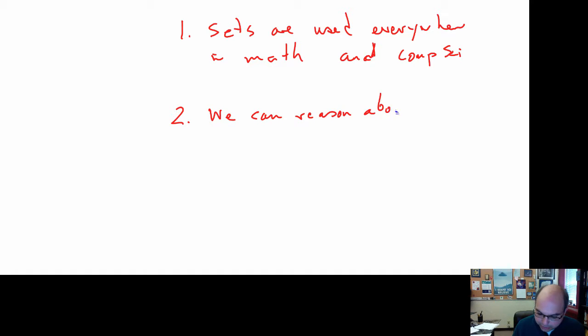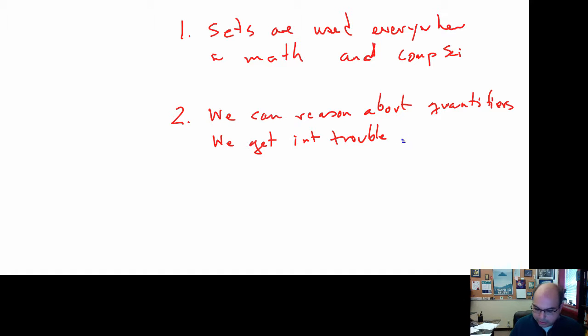We prove theorems that use quantifiers, but where we tend to get stuck is in the details. We get into trouble in details about specific things.